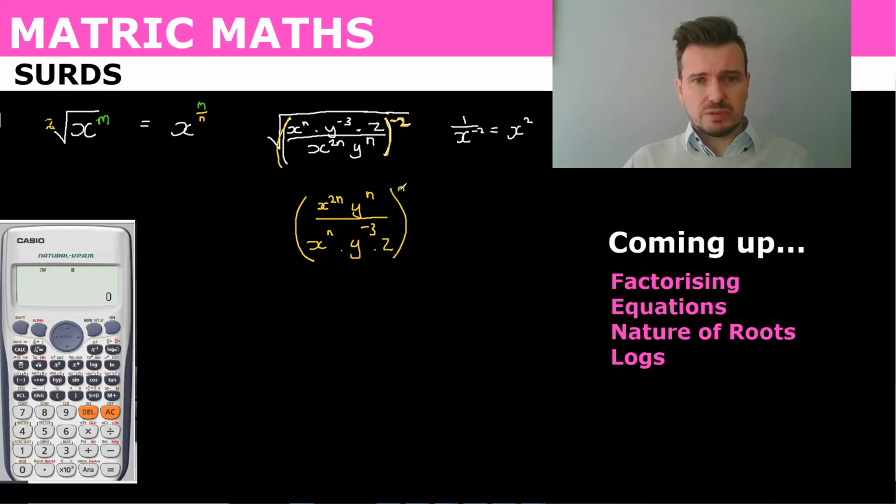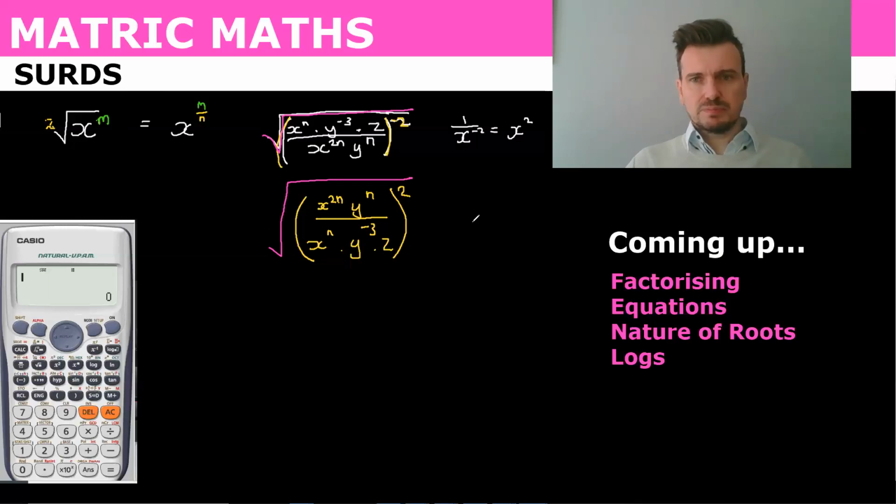And now it becomes 2. Because this was in a root, let me do the root in pink so that we can follow what's going on. Instead of the root, I can put it to the power of a half.